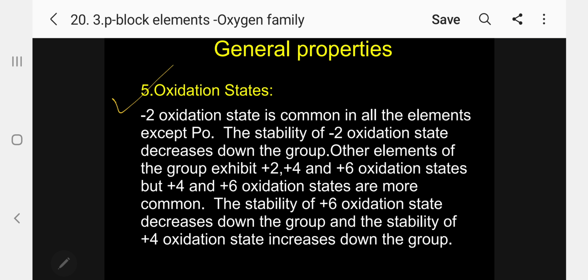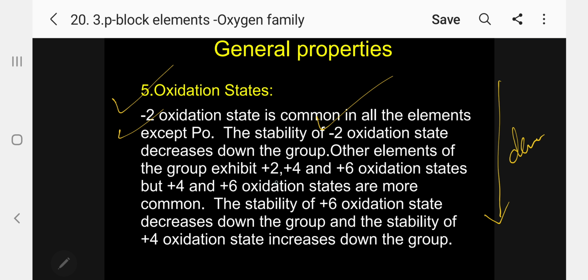Let me go for further information regarding oxidation state. -2 oxidation state is common in all the elements, except polonium, which is a metal, where it is positive. I have already discussed how to identify the valency or oxidation state from the periodic table. So starting from oxygen, -2 is the common oxidation state. The stability of the -2 oxidation state decreases down the group.